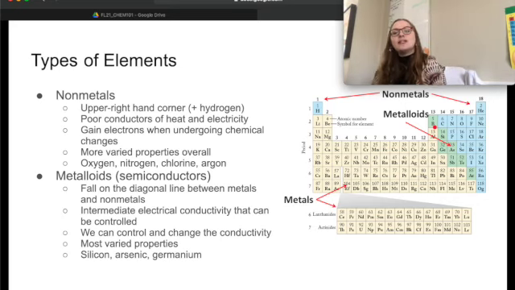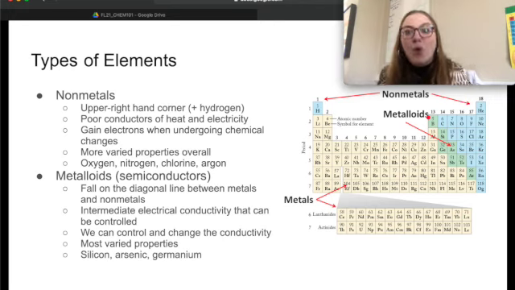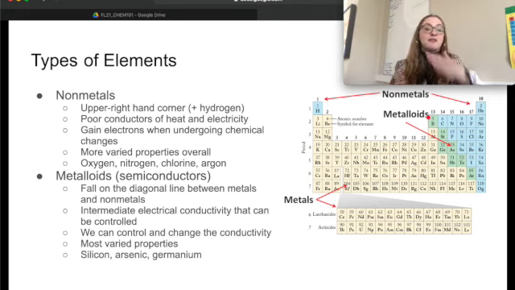And metalloids have the most varied properties. While I said that those nonmetals were varied, holy crap, this teeny tiny group of elements, these metalloids you see here in green, have even more varied properties because of things like the fact that they can be semiconductors. They can do lots of different things when you're able to control that level of electrical conductivity.